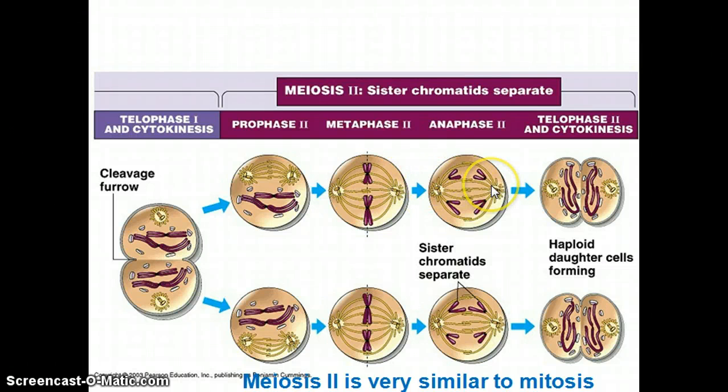But as we move into anaphase 2, we have the pulling apart of the sister chromatids, so that separation of sister chromatids moving into two individual cells. So in telophase 2 and cytokinesis, we again have a cleavage furrow forming, and now we have haploid daughter cells forming.